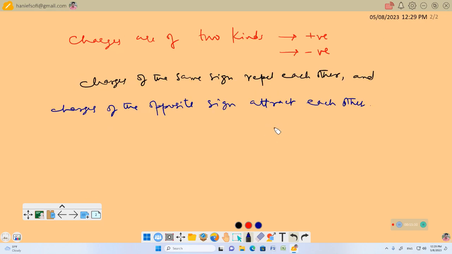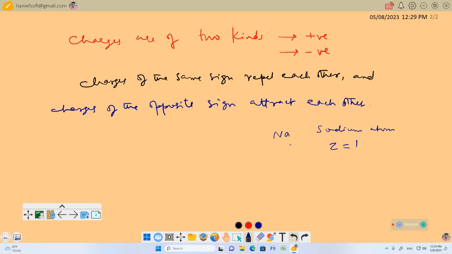Another example you can take at a smaller level. If you take a sodium atom, its atomic number is 11. That means its nucleus contains 11 protons and the extra nuclear part contains 11 electrons when it is neutral, that means when there is no net charge or excess charge.